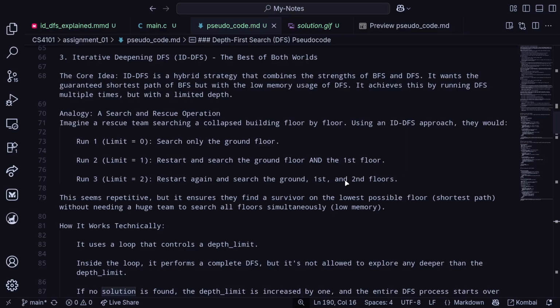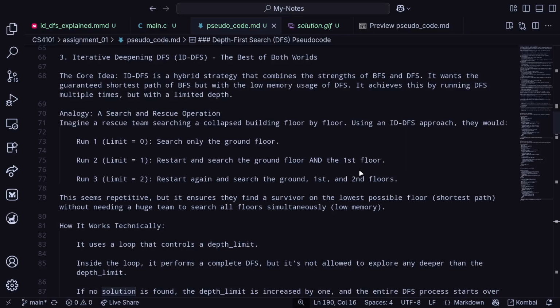Now, you can again do a depth first search. You basically go up the floors and check each and every first room of the floor again and again. But remember, a rescue operation is very much time limited and you need to do it fast, so that is not a good option either. What you do is, at the 0th level, you search only the ground floor. At the first level, you restart from the ground floor, and after that you search the first floor.